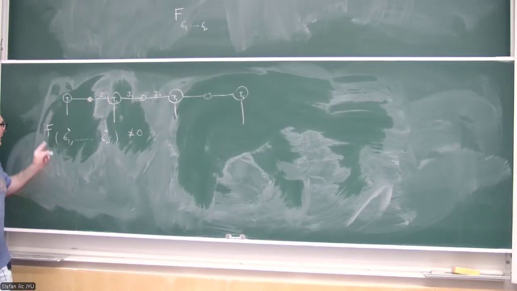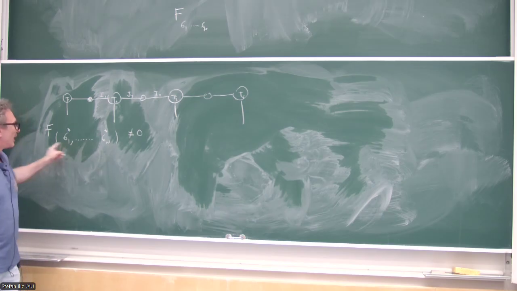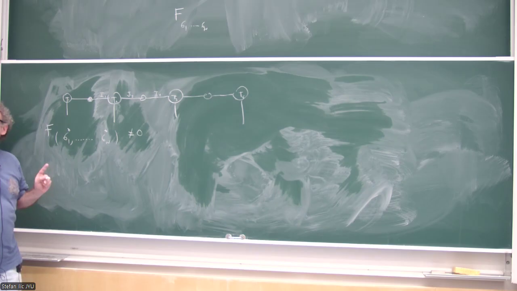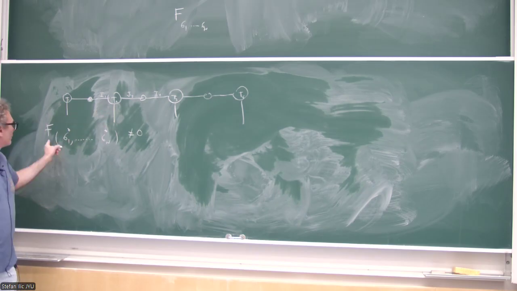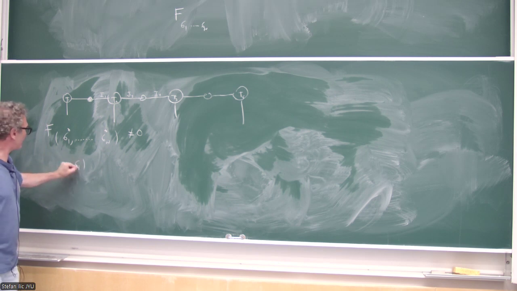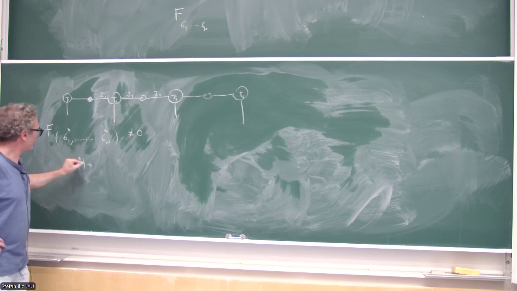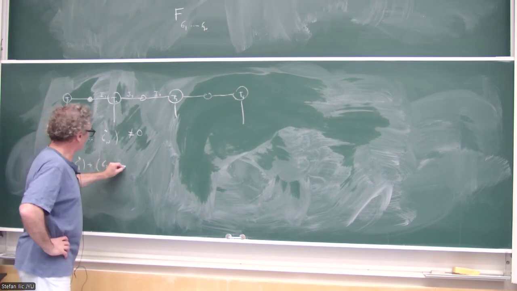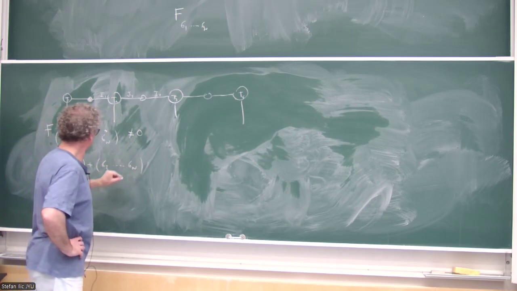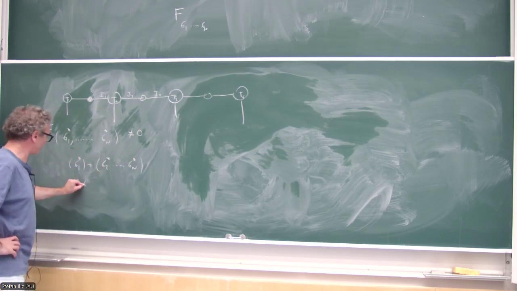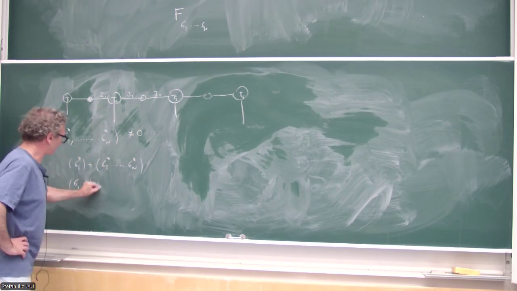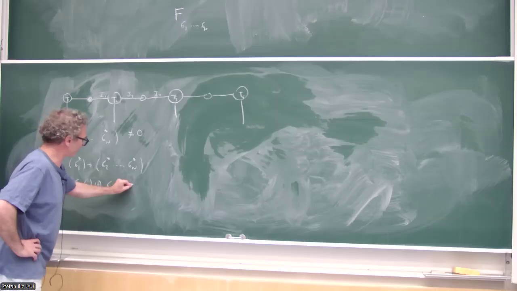Okay. Then you're going to split this guy to make the first element of each of these lists. So you write this as sigma 1 star plus sigma 2 sigma n. You can also write it as sigma 1 sigma 2 plus sigma 3 sigma n.